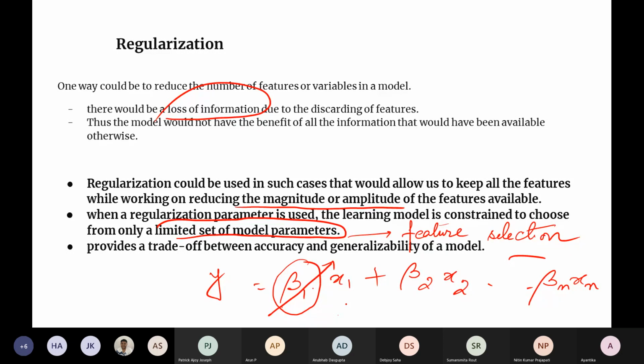That way you are selecting your features. That is called feature selection. You are really selecting the base features that actually contribute to deciding your outcome. Okay, so regularization can indicate both things. Maybe you are reducing the magnitude of the features available, or you are working on some limited model parameters, meaning you are deciding some parameters you can throw out.